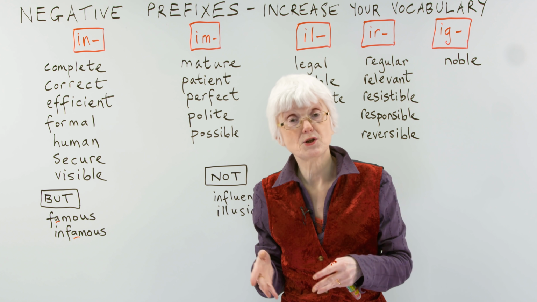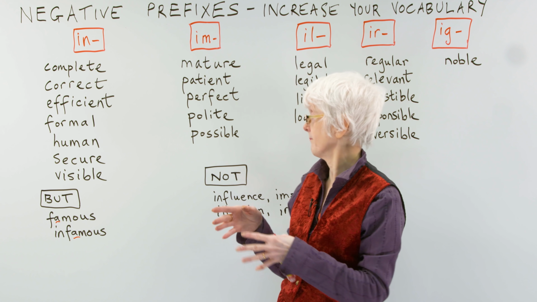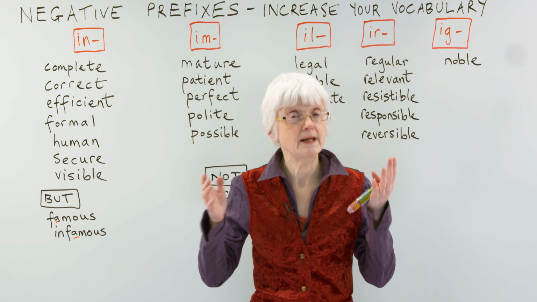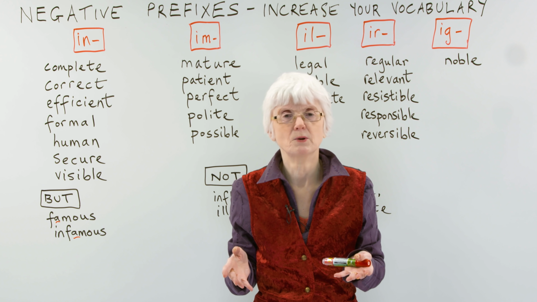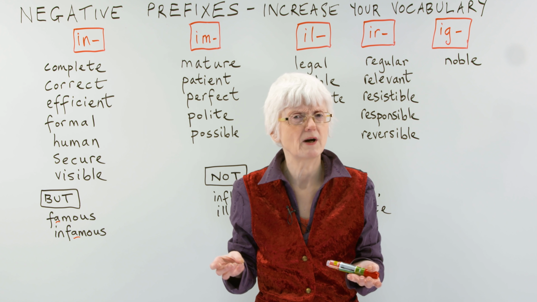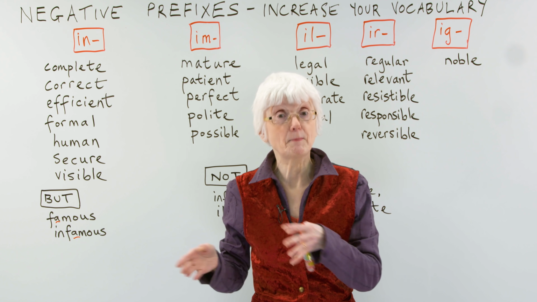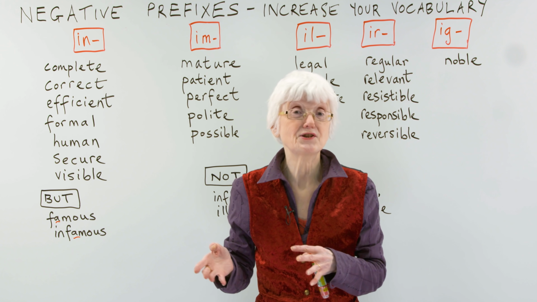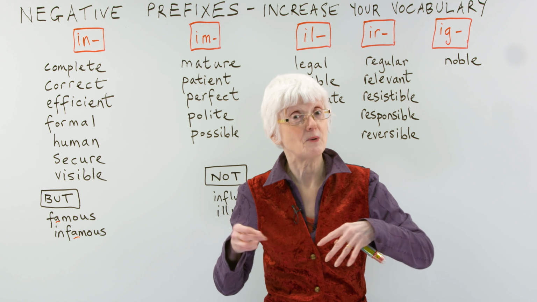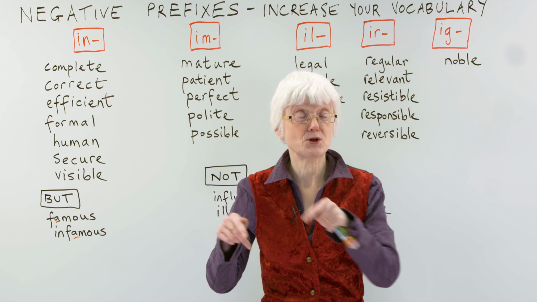And then this one you probably know, possible. If something is possible, it means you can do it. It can be done. But if it's impossible, then it's not possible. You may know of a television program, also a film called Mission Impossible. And that's a bit of a challenge, really, because the people who are in it, they actually prove that it is possible.